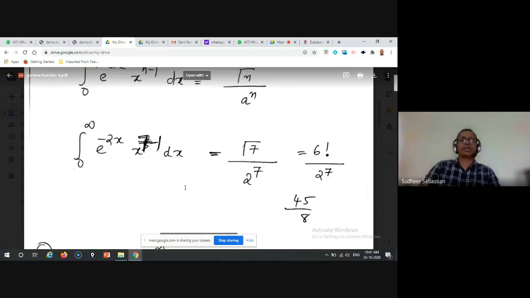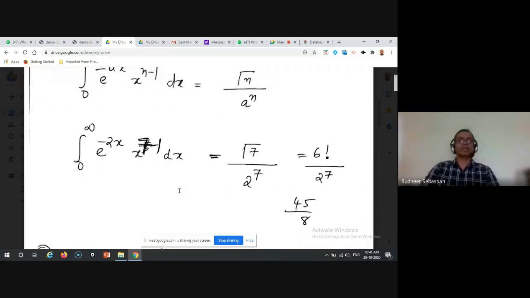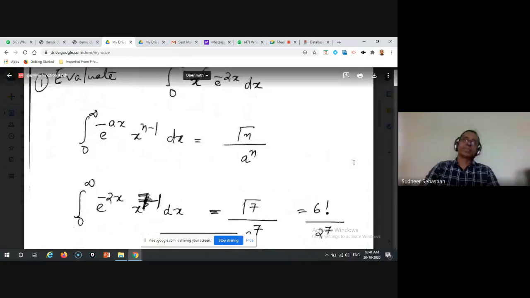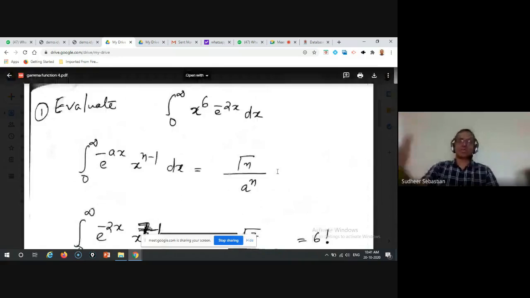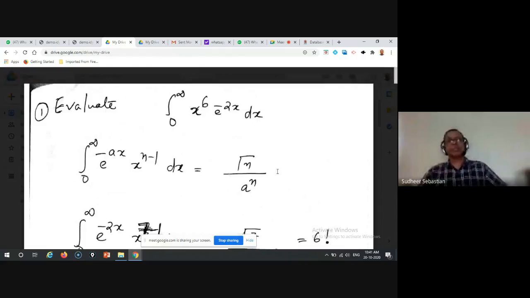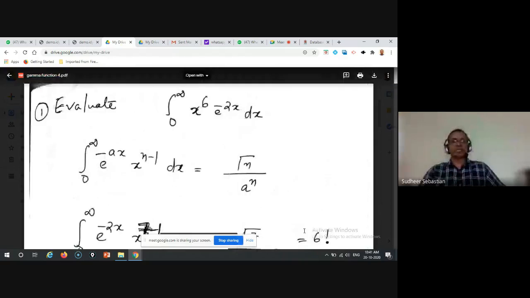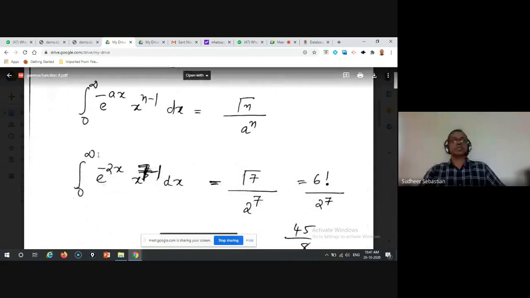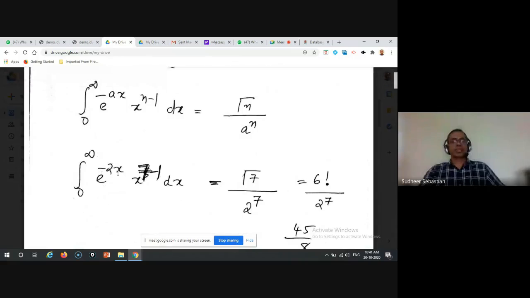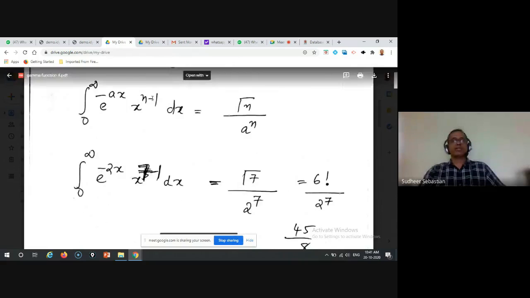I think you have understood what we have done here. In physics at several places we might be encountering such kind of integrals, so we can solve them easily using the gamma function. Here instead of n we have 7, so we have 2 to the power 7.